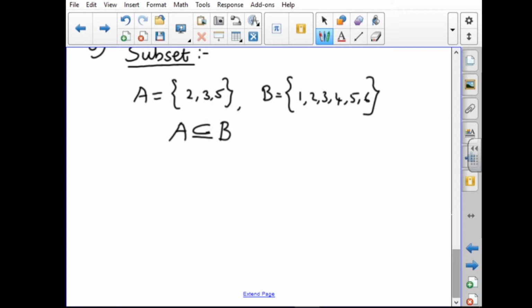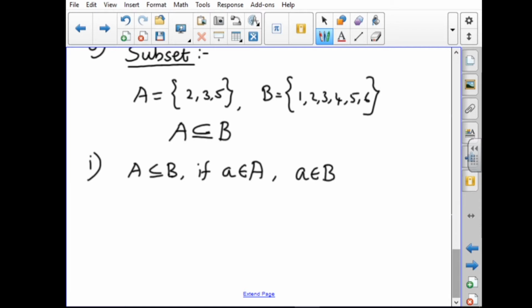Under this type, if A is a subset of B, we are taking some element in capital A. If the set A is a subset of B, it means any element of A should be in the set B also.